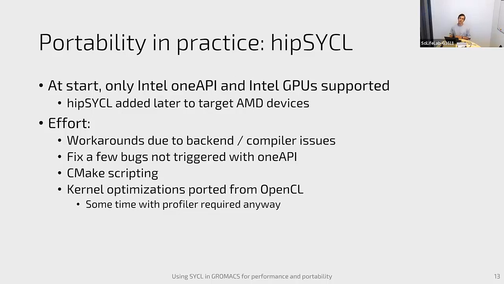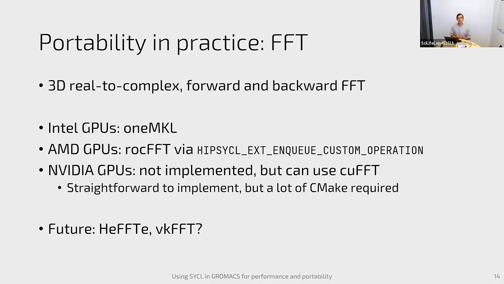And one of these bits is FFT. In GROMACS we use three-dimensional FFT, and currently there are no SYCL-native libraries. We have oneMKL, but in it FFT is supported only for Intel GPUs. It's not part of the open source oneMKL implementation.